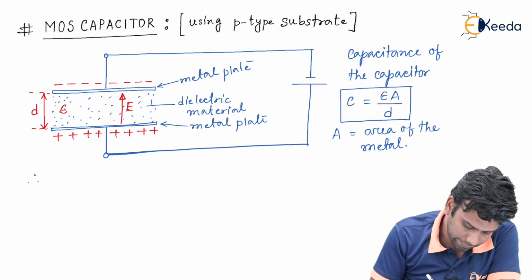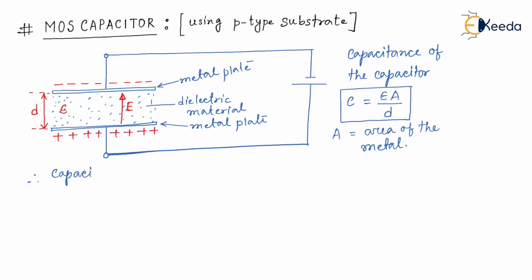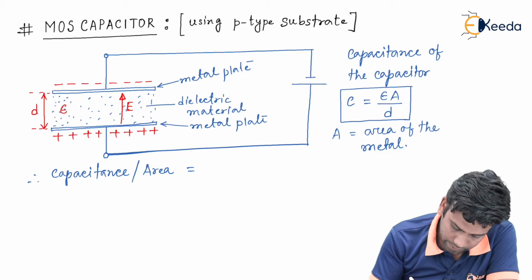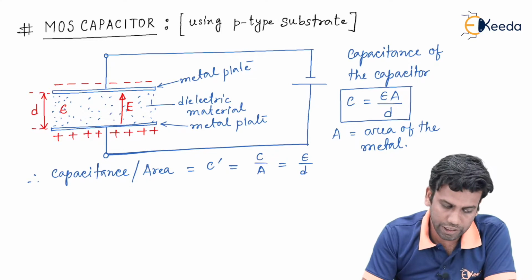Now the capacitance per unit area can be defined as C dash, which is C by A, that means epsilon by d.